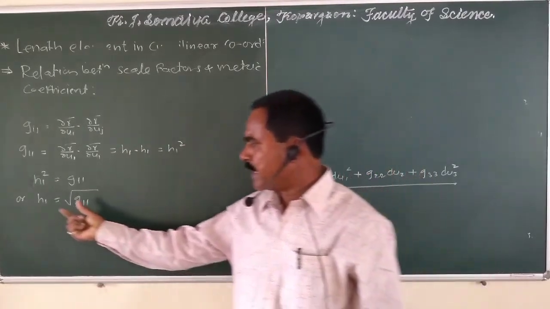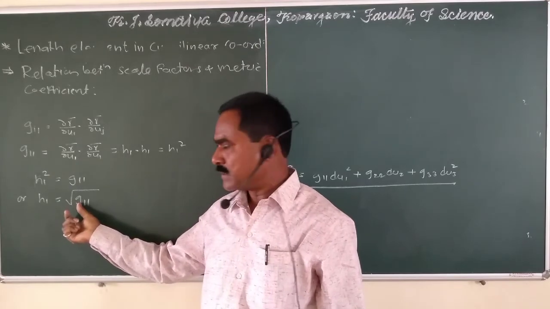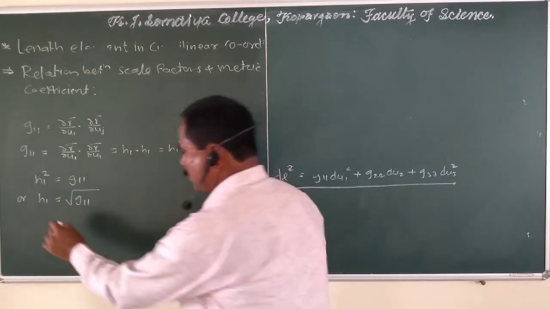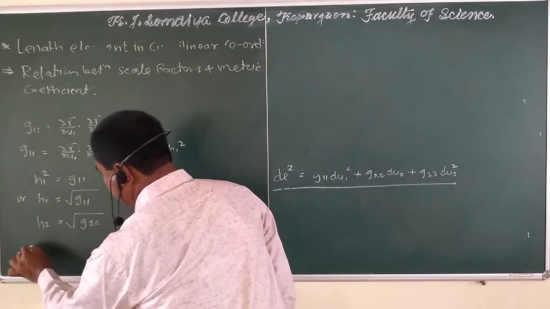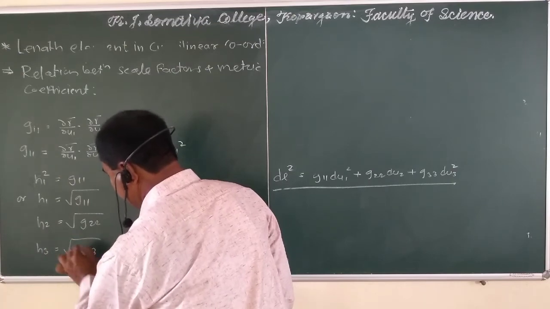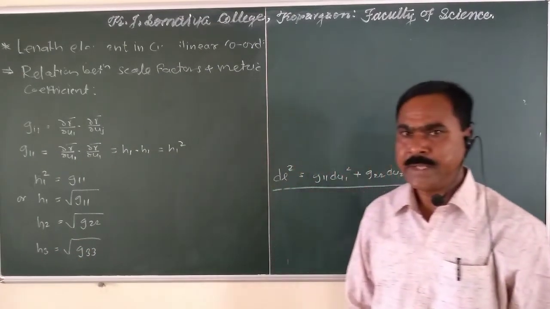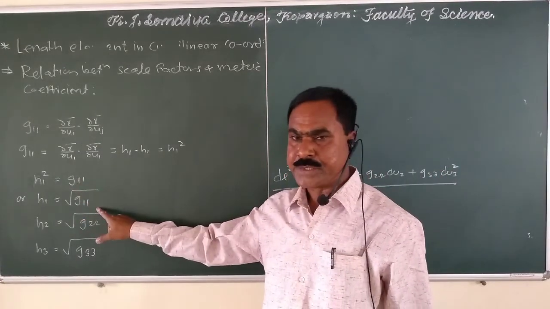This is the relation between scale factor and metric coefficient. Similarly, h2 equal to root G22 and h3 equal to root G33.